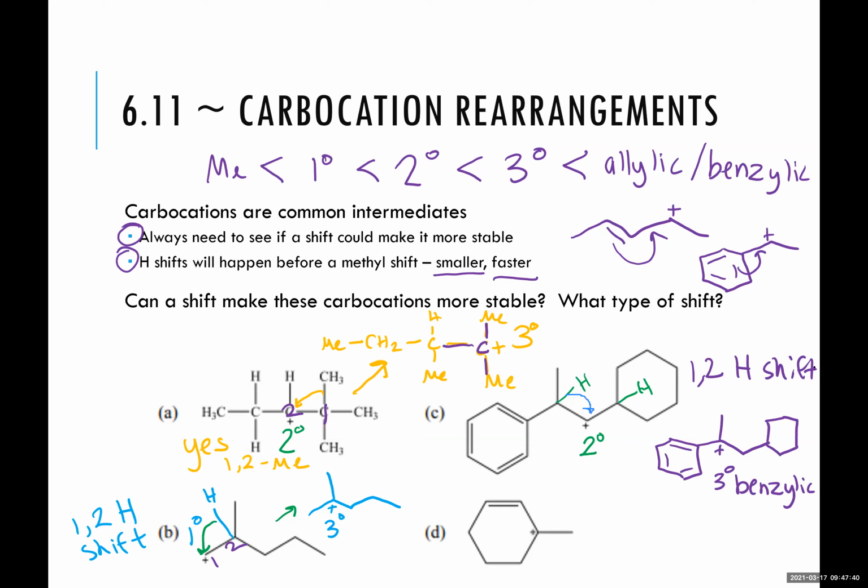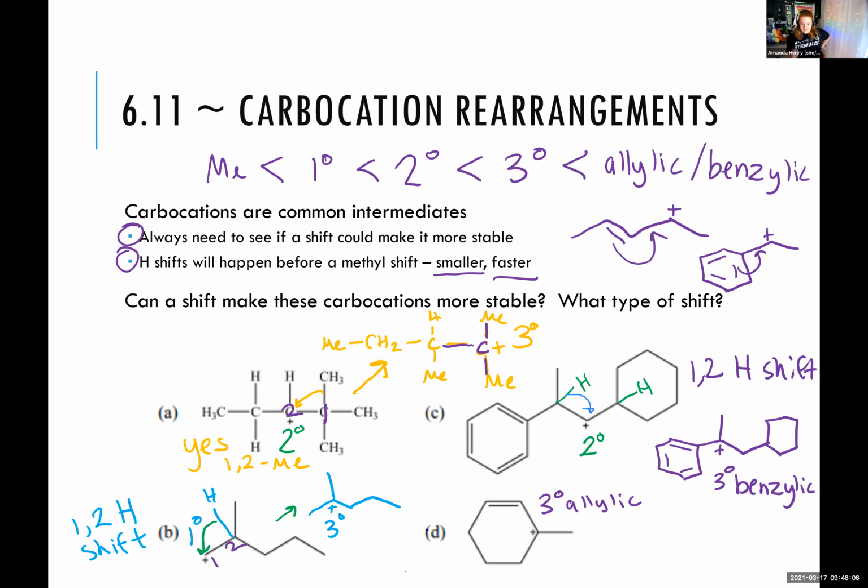It is tertiary. And specifically, it's tertiary allylic, because it's right next to that double bond. So remember, the carbons that are in the double bond are vinylic carbons, and then the carbons that are next to them are allylic carbons.